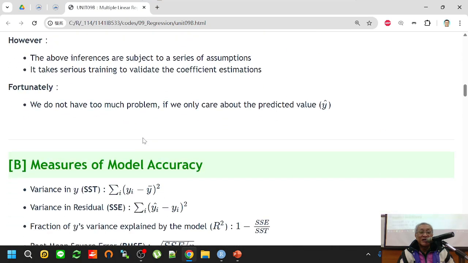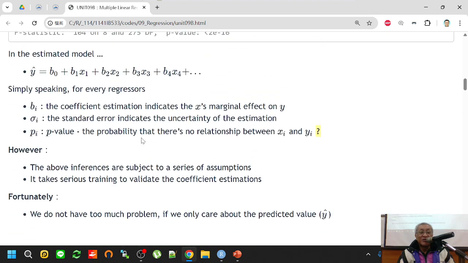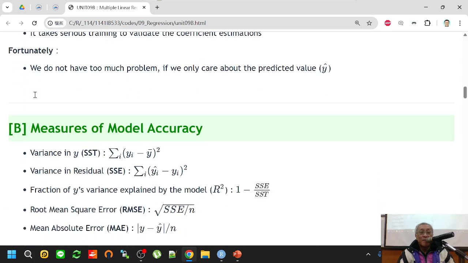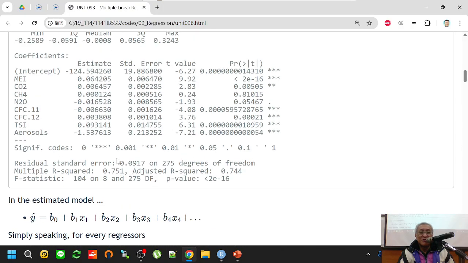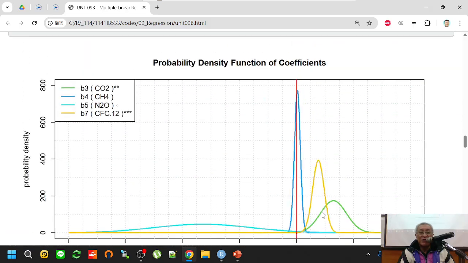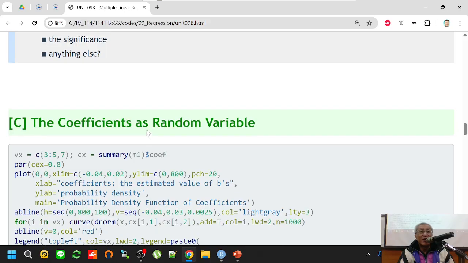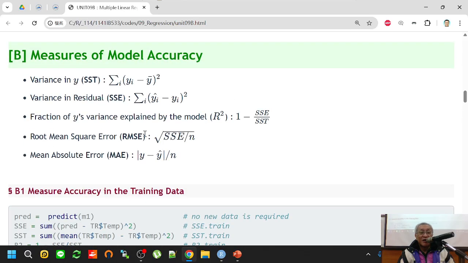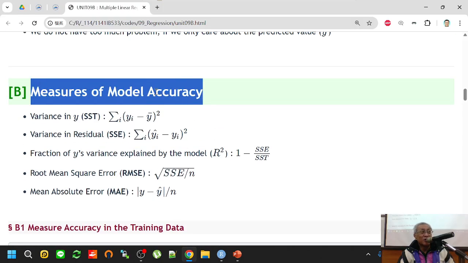And with that, we can have an idea about the relationship between X and Y. The one thing I want to emphasize is you don't just look at the estimation. You actually need to take a look at the coefficient standard error. We will explain that later, but before that, let's take a look at the model accuracy measurement.